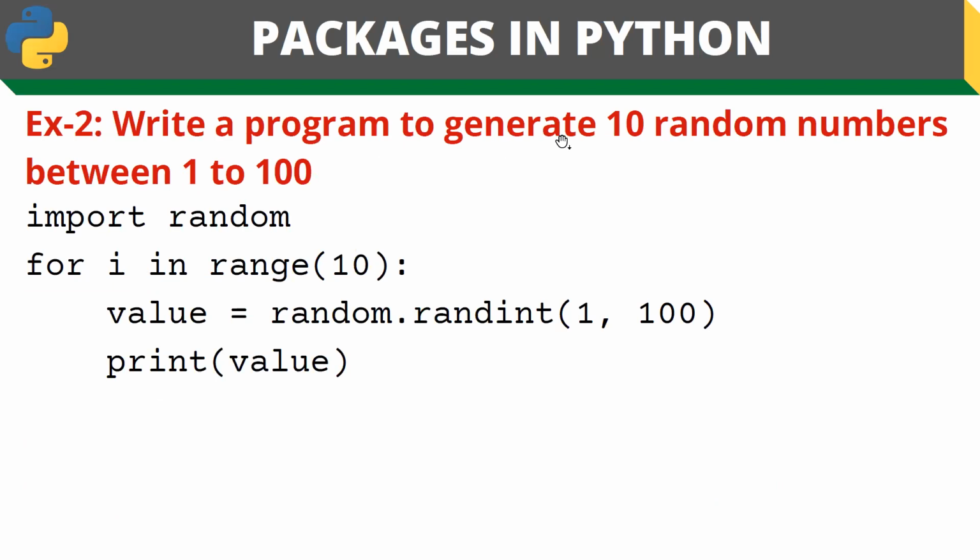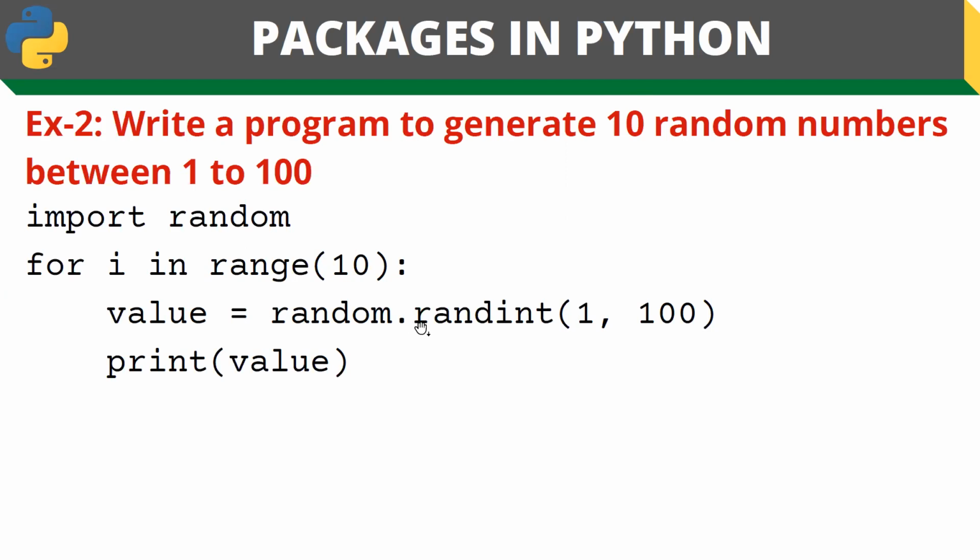Another program, suppose you want to generate 10 random numbers between 1 to 100 by using the package random, using iteration, for loop, for i in range. For example, 10 random numbers, you want 10, you can give; you want 20, 20; you want 30, 90, 100, give the range value. For i in range 10, generate 10 random numbers.